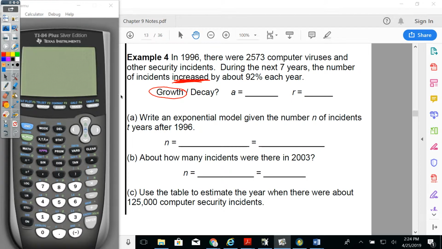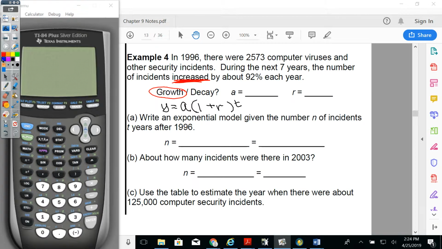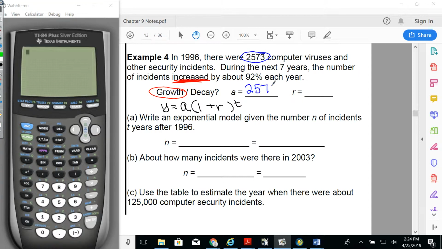So then we do the equation for growth, y equals a times 1 plus r to the t. And then we've got to find the other numbers here. So the a value was the starting amount. So in this year, they started with 2,573 incidents or viruses. And r is the 92%. So as a decimal, it would be 0.92 because we move it back 2 places.